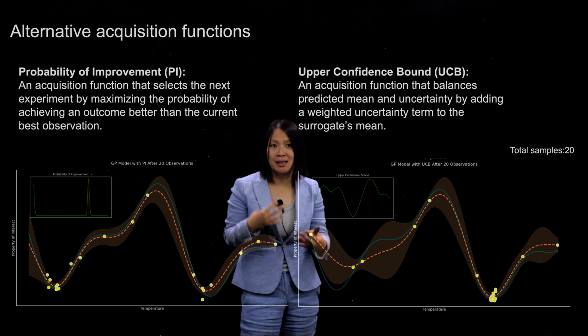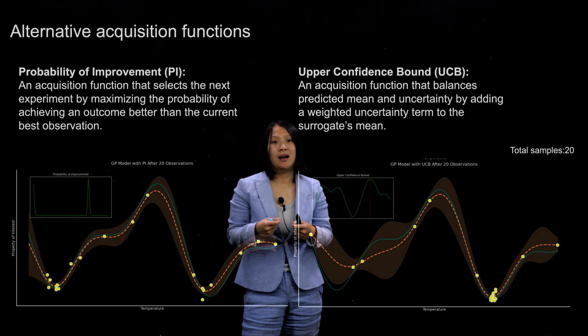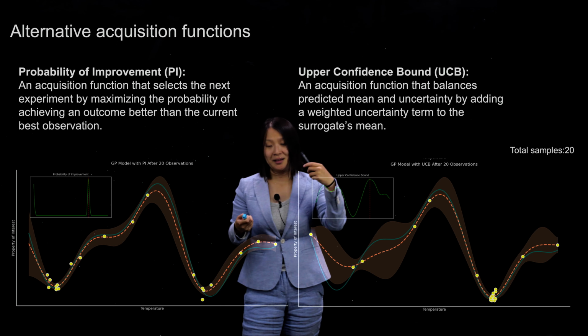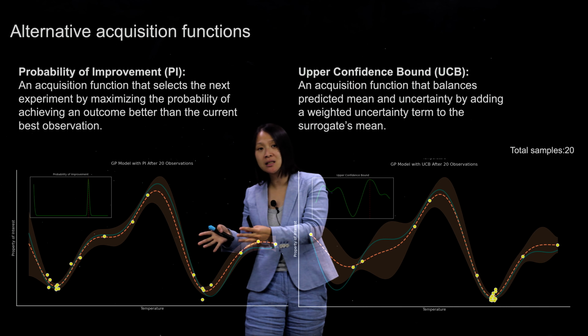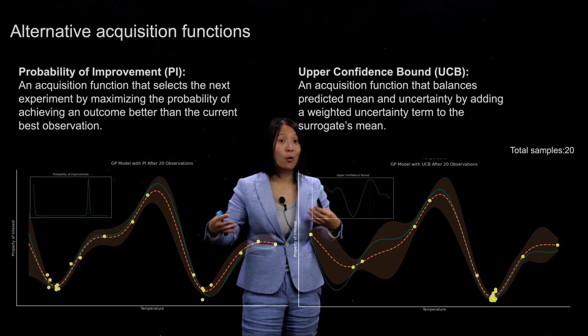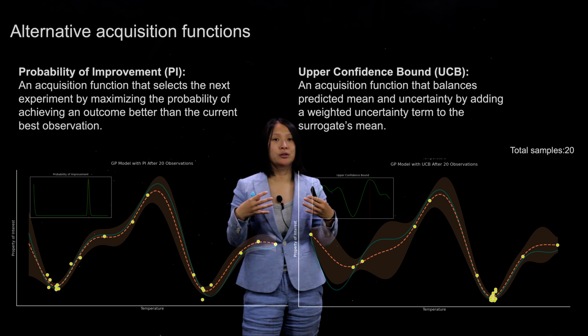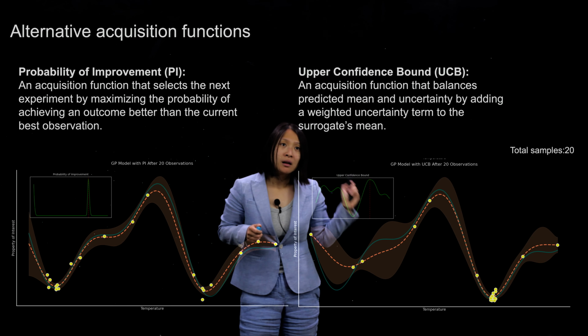But you can also see that when you are designing your own problem, benchmarking and comparing different acquisition functions would help you find the engine of decision making, in the way that some of them are faster in converging, and some of them give a more accurate surrogate model of the parameter space of interest.